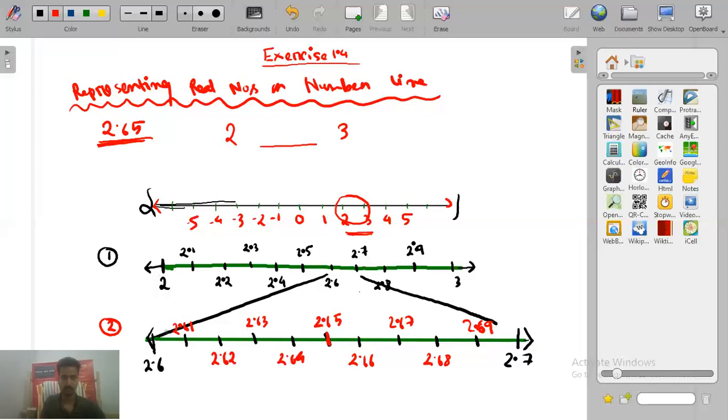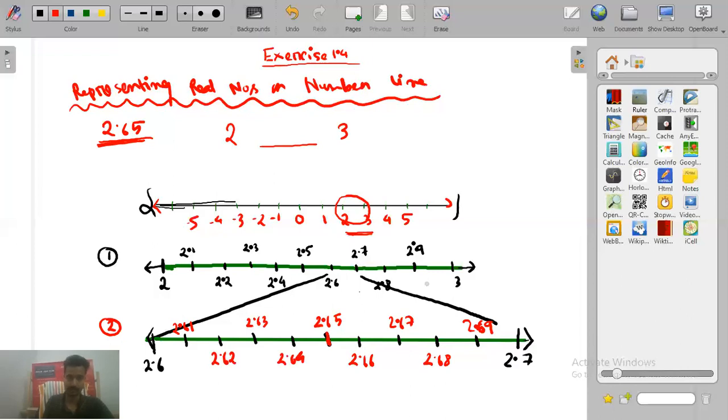But the thing you have to remember is that first, the given number, it will lie between which two numbers? 2.65 lies between 2 and 3. So first you have to divide the distance between them, that means in the number line, you have to draw one straight line and mark 2 and 3. Then again you have to divide into 10 equal parts.